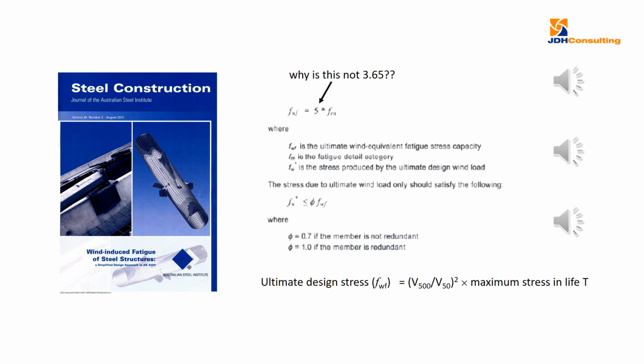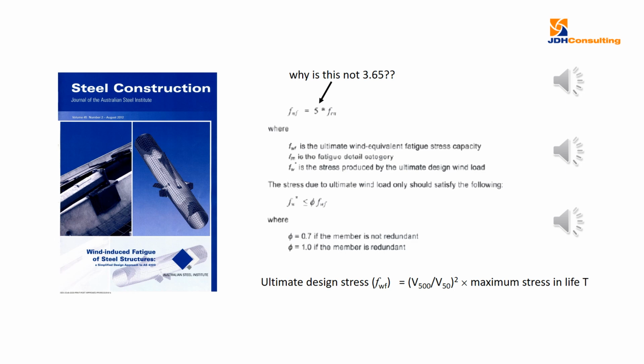So you may ask the question, why isn't that 3.65 at the top instead of 5? Well, the reason is that the FWF is related to the maximum stress, not the maximum stress in the lifetime, but the maximum ultimate stress, which is the expected maximum in a much higher period. For example, in Australia and New Zealand, we'd use 500-year recurrence interval wind speeds.